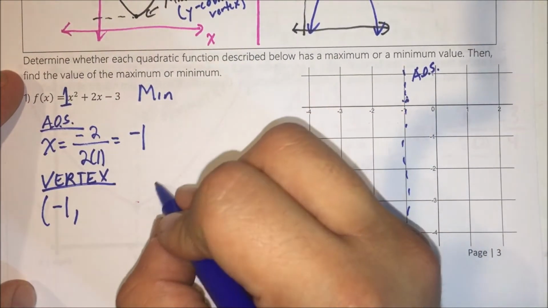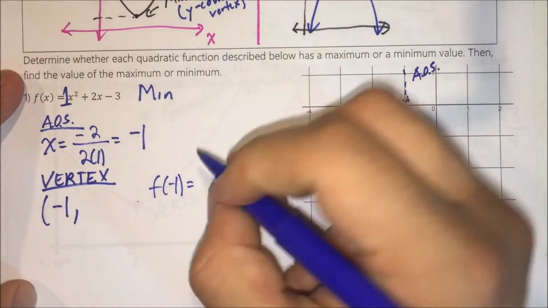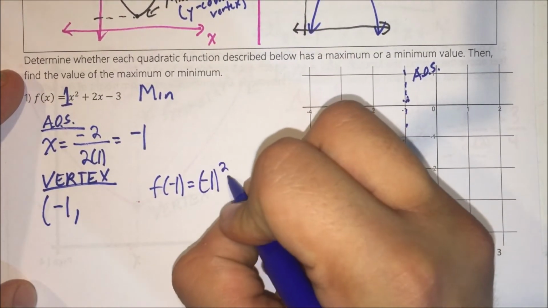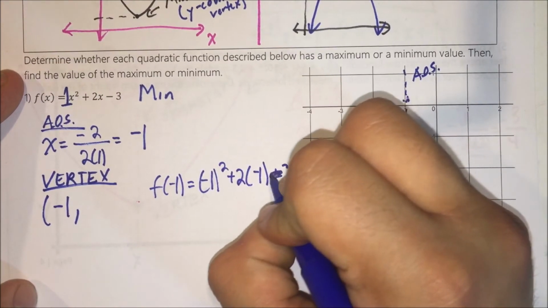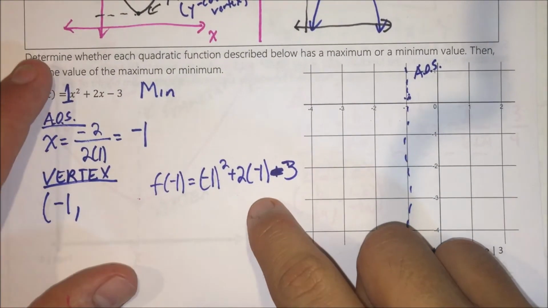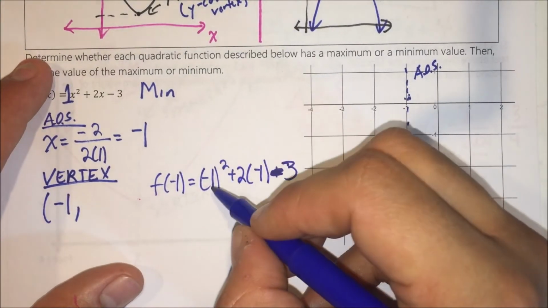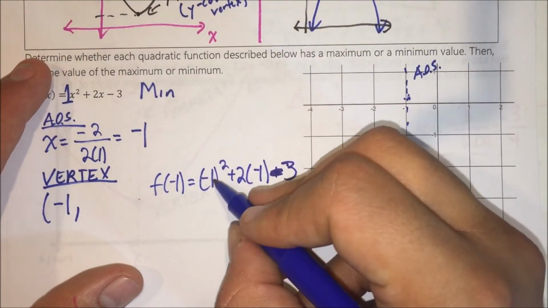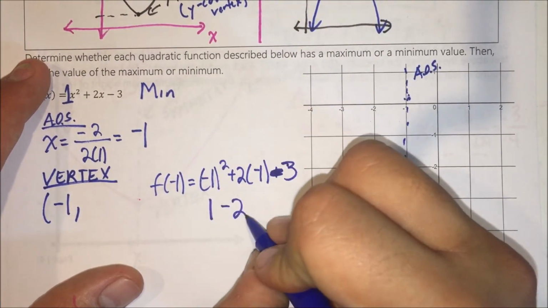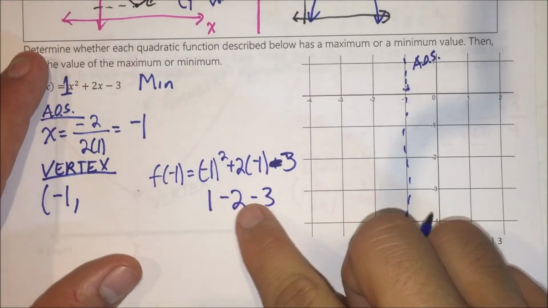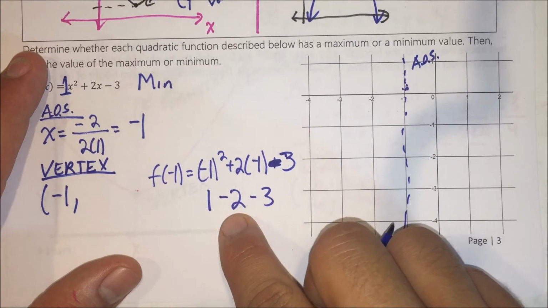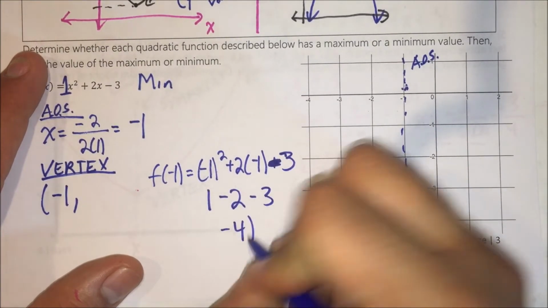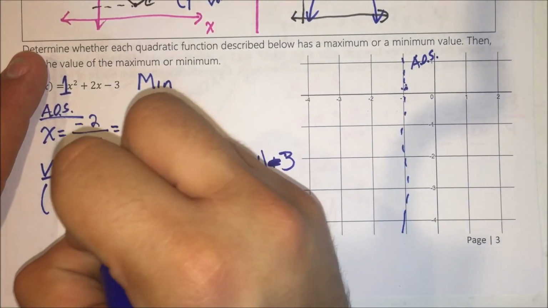The y-coordinate, we just plug into our function: negative 1 squared plus 2 times negative 1 minus 3. We've actually already done this problem. I wanted to do it again to see if you're paying attention, but also so we can learn the same concept with the same equation. 1 minus 2 is negative 1, minus 3 is negative 4, as we got before.